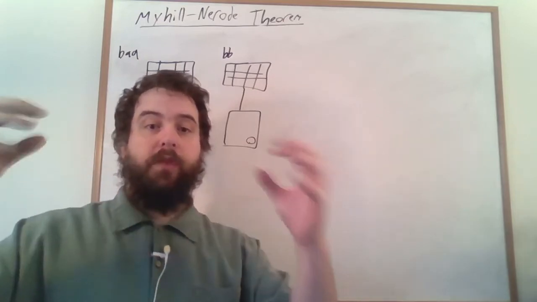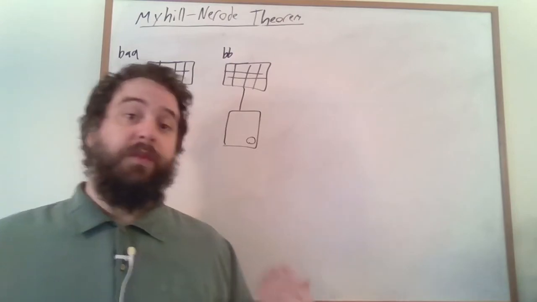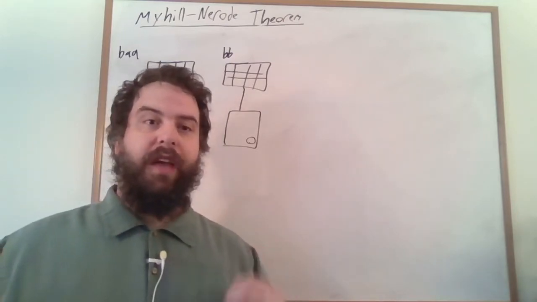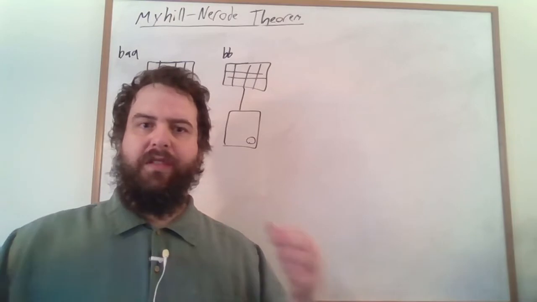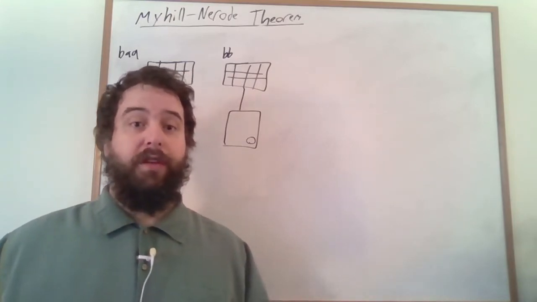And so we can merge all equivalent states together into one state, and once we've merged all of our equivalent states together, we can't do any more merging, and so this really is the canonical minimization of our original automaton.